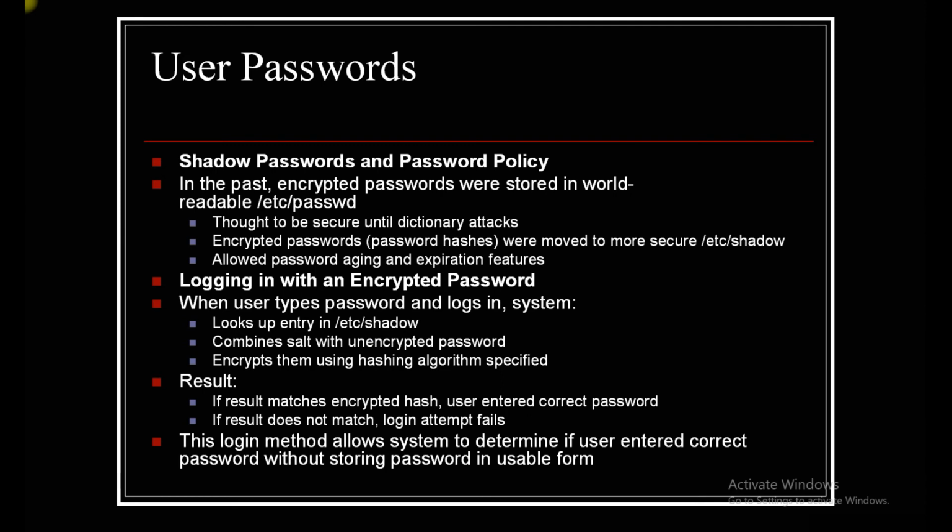Then the system applies the algorithm and checks against the /etc/shadow file whether that particular user account's password matches. If it is there and matching, then it allows the user to log into the system. If it doesn't match, it will definitely fail. So that's the process by which the user logs into the system after entering the password.